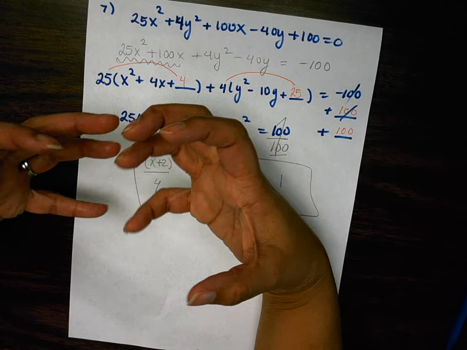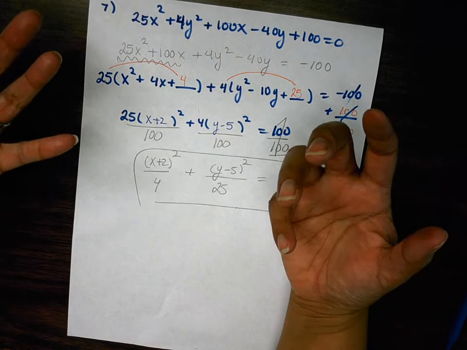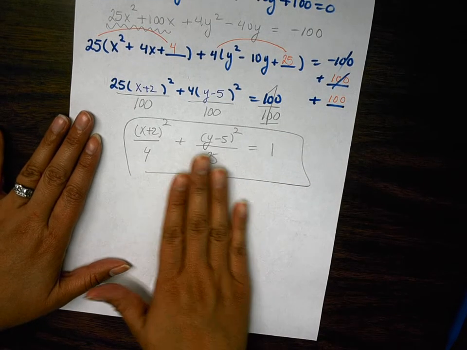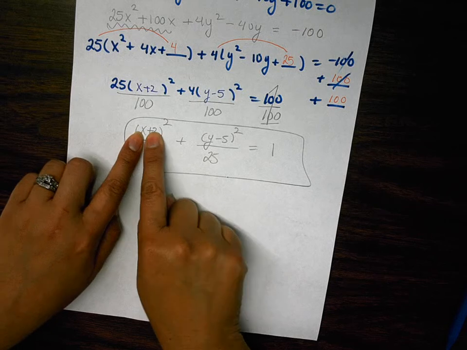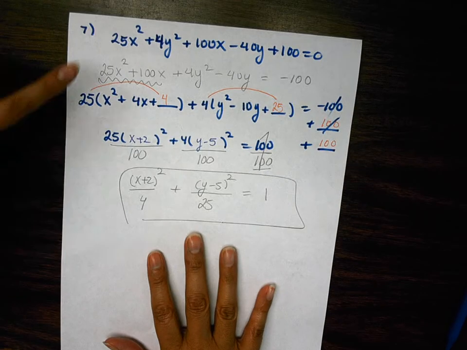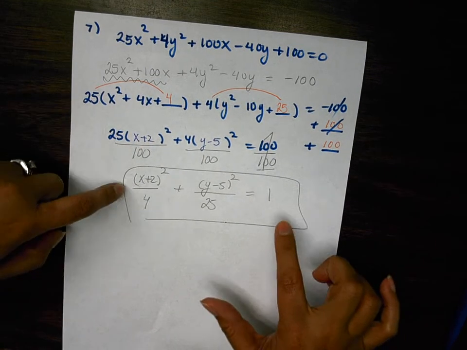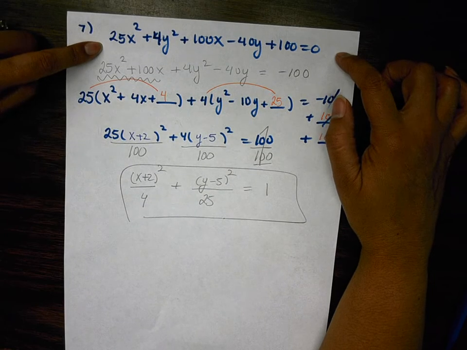Because I factored it out, I changed what it was, and because I changed it, I have to put it back in order for it to work. I will tell you this, if you took this and multiplied everything by 100, and then double distributed that, got everything over to equal 0, you would end up back with what you started with. Everything would work out exactly the way it should.